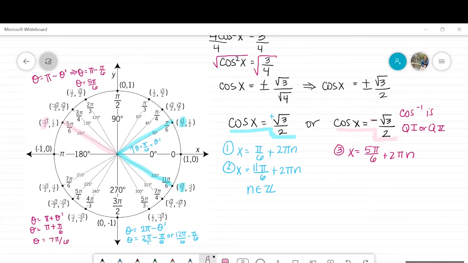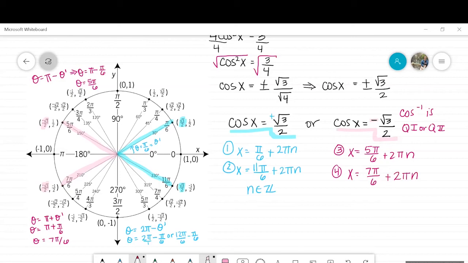You can see that right here, there's your negative root 3 over 2. Okay, so we were able to come up with 4 answers so far. X is equal to 7 pi over 6 plus 2 pi n.